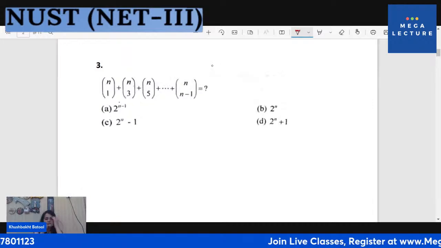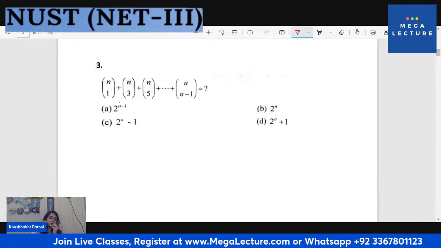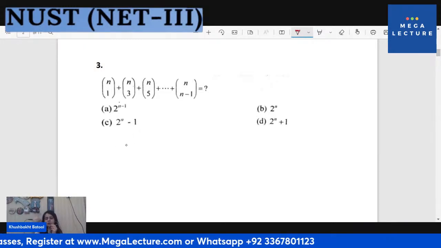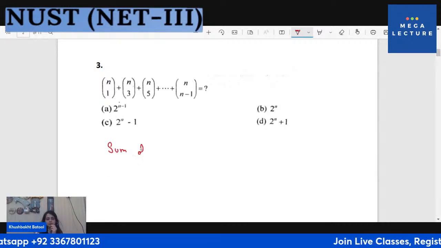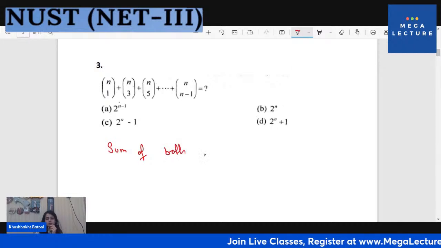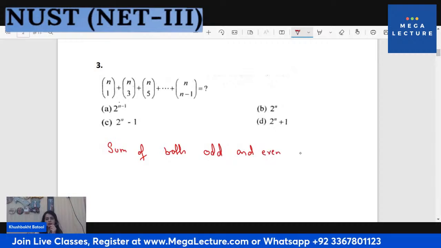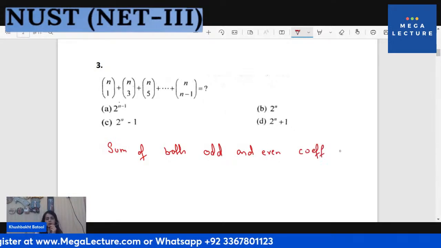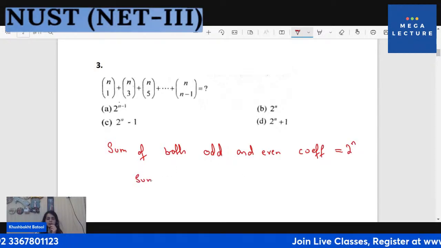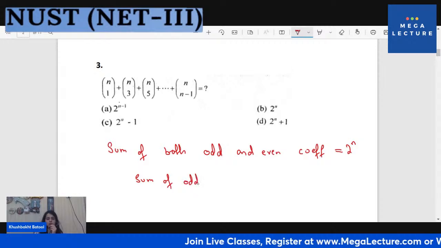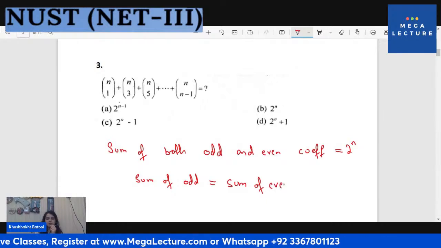Okay, now it is simple. You have the odd coefficients, and what would be the sum of odd coefficients? Now I'll tell you two rules here. One rule was also shared in the very beginning, that the sum of both odd and even coefficients is equal to 2 to the power n, and then the sum of odd coefficients is equal to the sum of even coefficients.